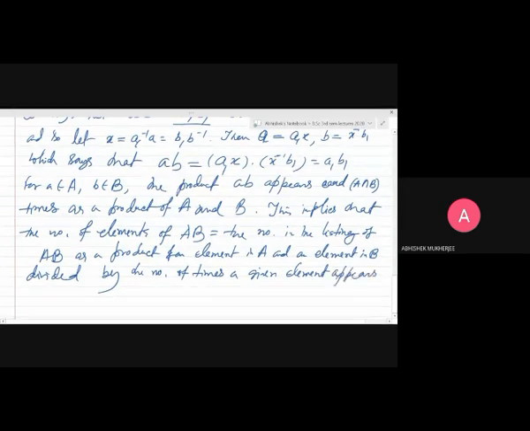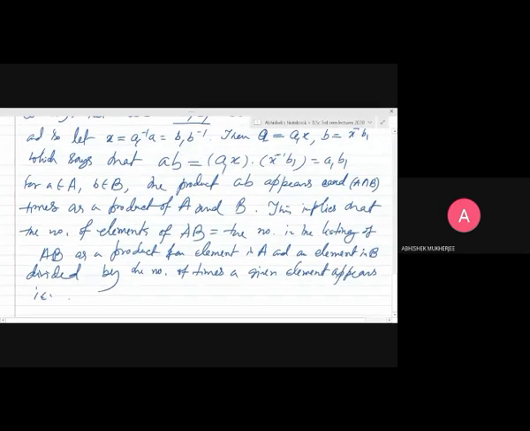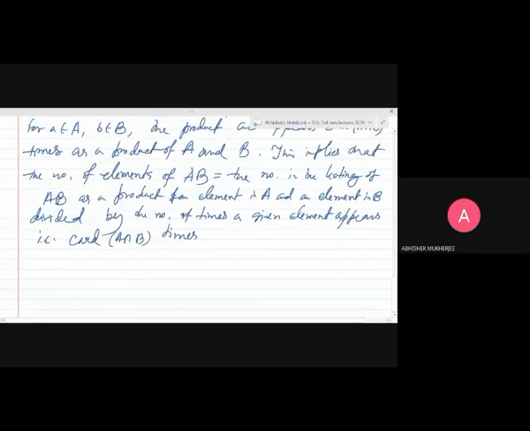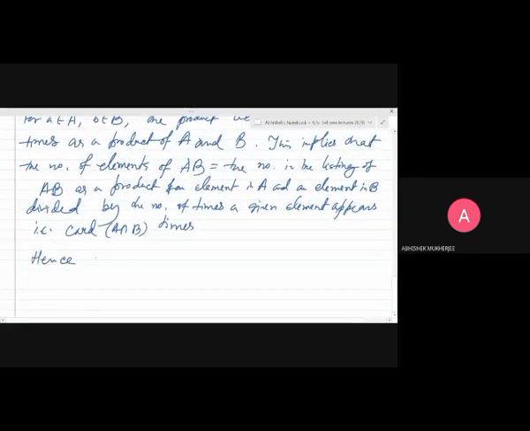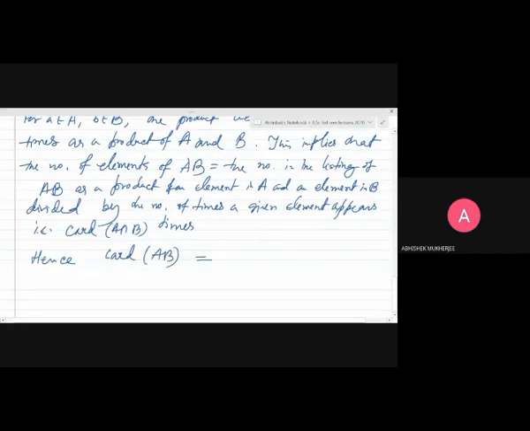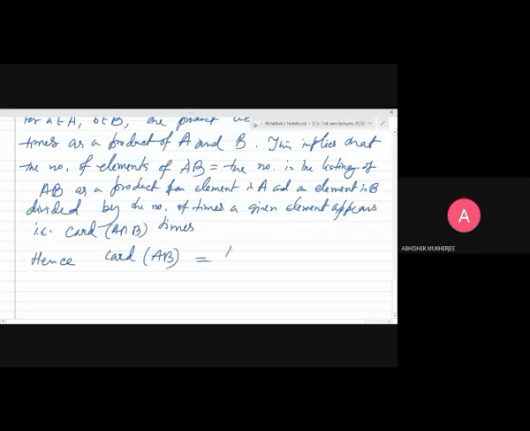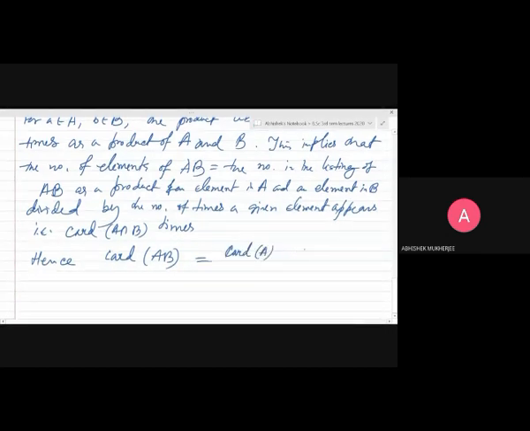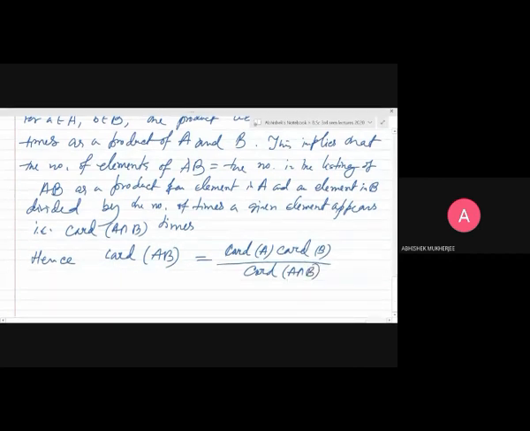That is cardinality of A intersection B times, right? So hence the number of elements in the product is actually the number of elements in A product with B by cardinality of A intersection B, because each element will appear cardinality of A intersection B times.